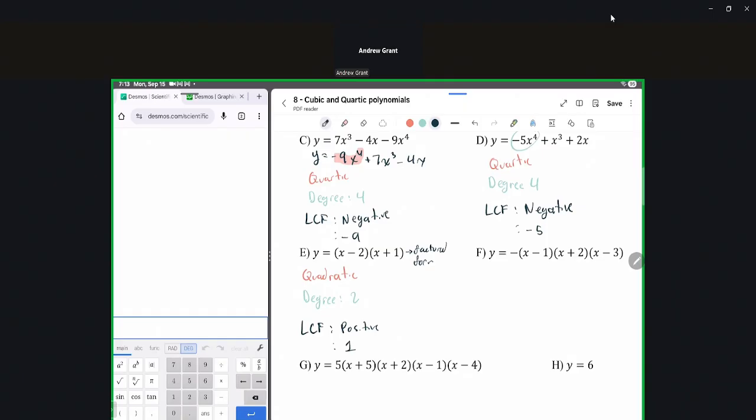So why is it a 1? Well, we have y is equal to x minus 2 times x plus 1. If we were to multiply this out, we would have x times x is x squared, plus x minus 2x minus 2, which is x squared minus x minus 2.